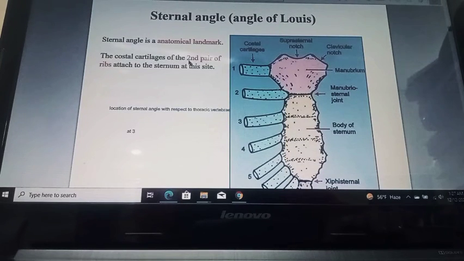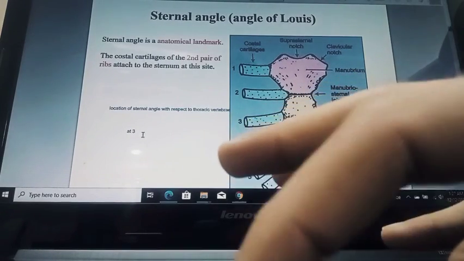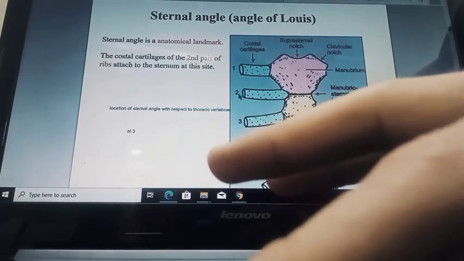So the location of the sternal angle: we'll see two locations. First I told you that it's a major landmark, and now we have two locations. Anteriorly, with respect to the thoracic cage, it's located at the position of rib 2. Here I wrote 3, but it's wrong; here you can see it's 2.